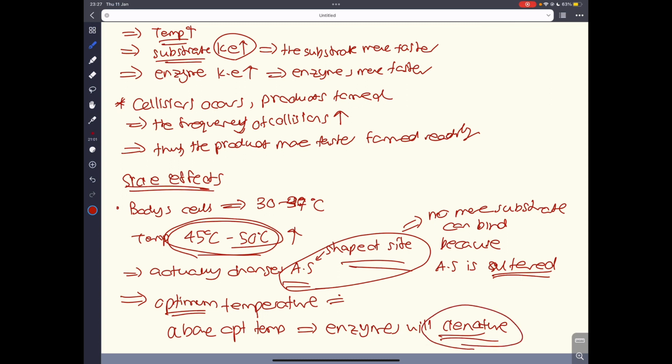Use the correct term: you cannot say that the enzyme will die. You have to say the enzyme will denature. And when it is denatured, substrate cannot bind, because the active site is altered. An enzyme will only work best at an optimum temperature, such as 35 degrees Celsius.